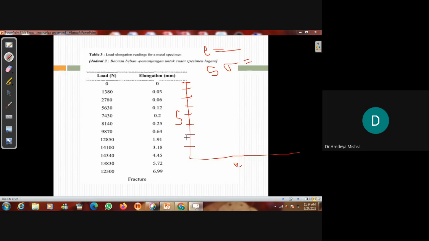This one column is equal to 1000 kg or 1000 Newton. So like this is 1000, 2000, 3000, 4000, 5000, 6000, 7000, like that. Two, three, 4, 5, like that till 2.